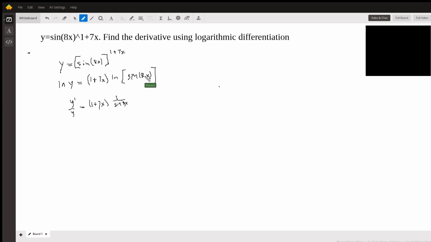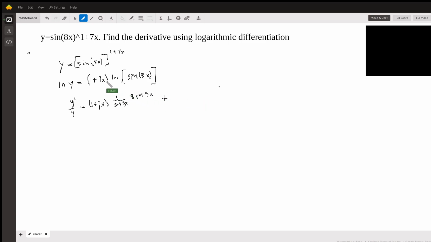I'm going to drop those brackets, it's just adding too many brackets here. And then times the derivative of what's inside, which would be the cosine of 8x times 8. So I'll just write 8 cosine 8x here.